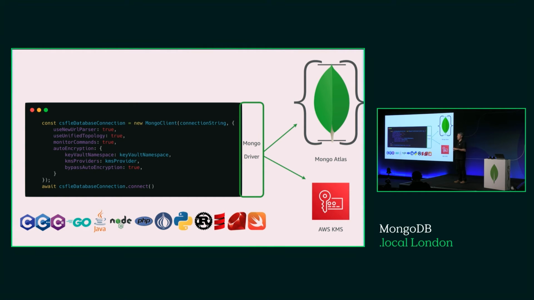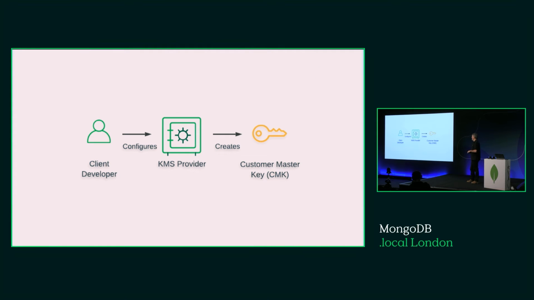All the low-level details of encryption, generating the data key and storing them are hidden by the MongoDB driver. On one side, the driver will talk to the database, Atlas in this case, but it will also talk directly to KMS using the KMS API to generate data keys and to encrypt and decrypt data keys as needed. So let's see that in detail in the code.